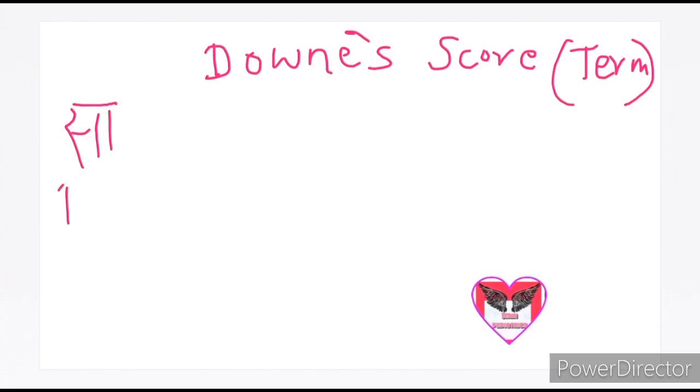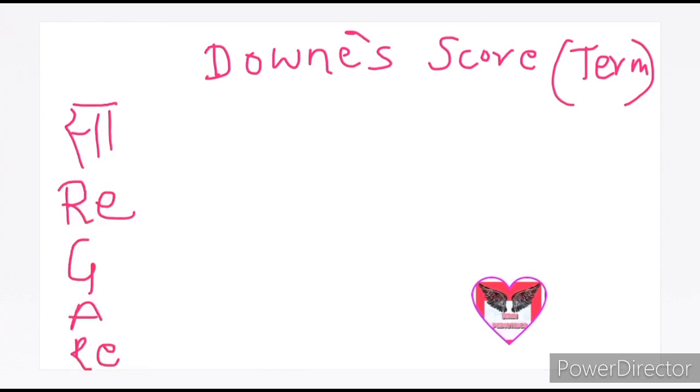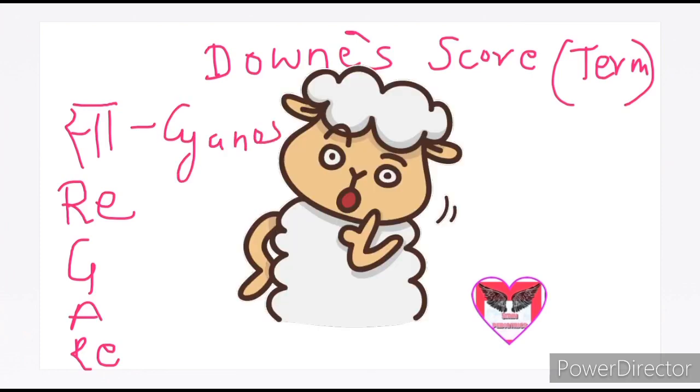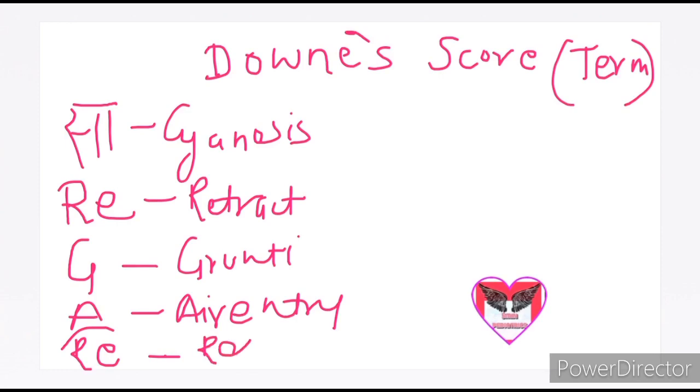Here Sa is cyanosis, Re is retraction, G is for grunting, A is for air entry, and again Re is for respiratory rate.